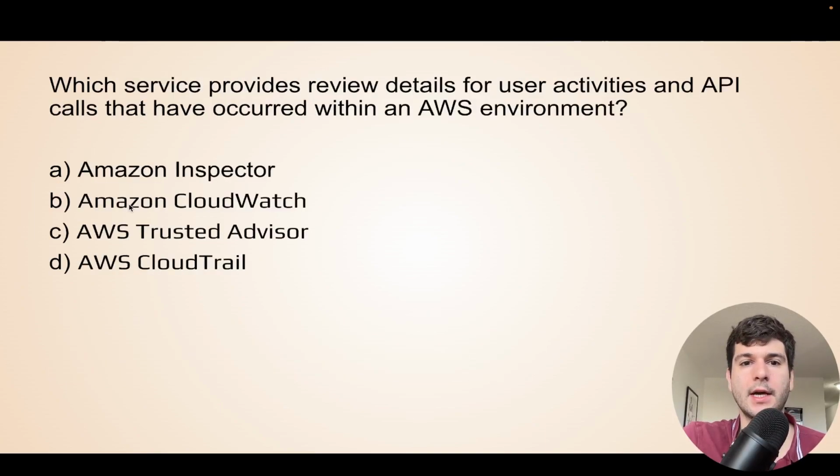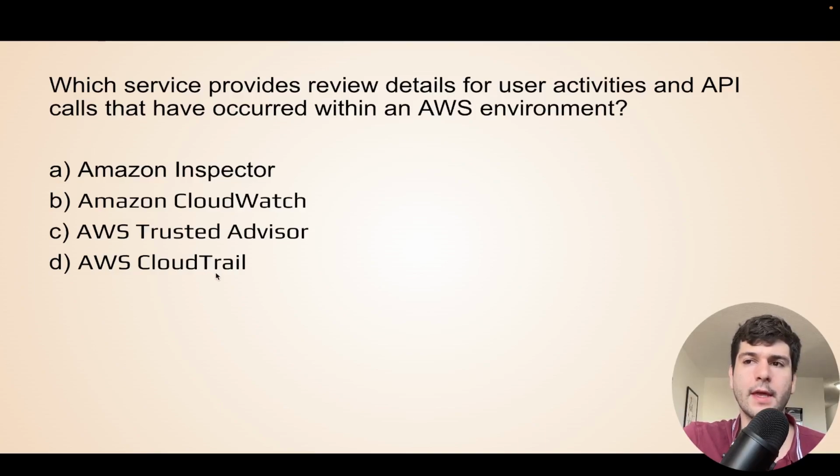Which service provides review details for user activities and API calls that have occurred within an AWS environment? So a few key parts in that question: user activities and API calls that have occurred. So the right answer would be AWS CloudTrail.